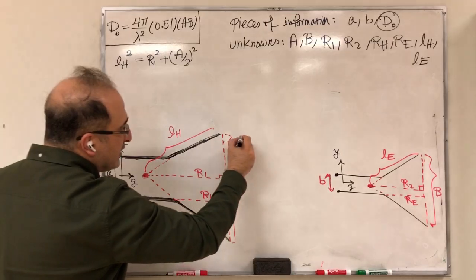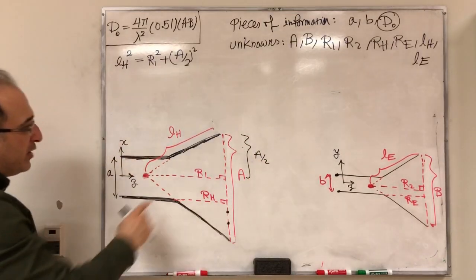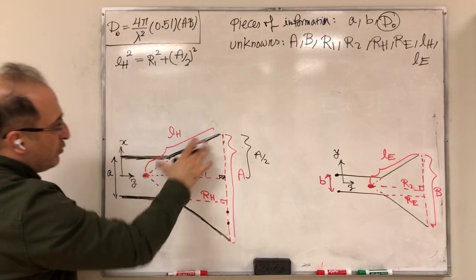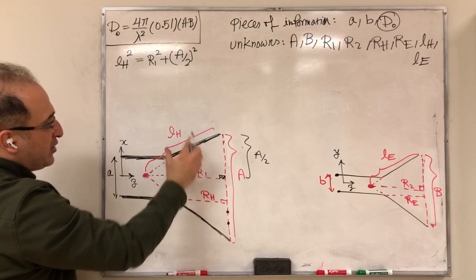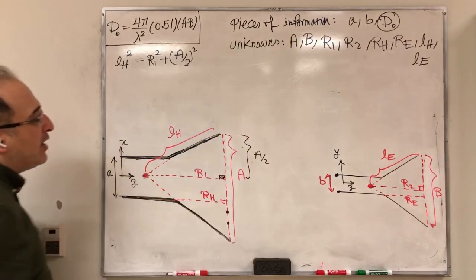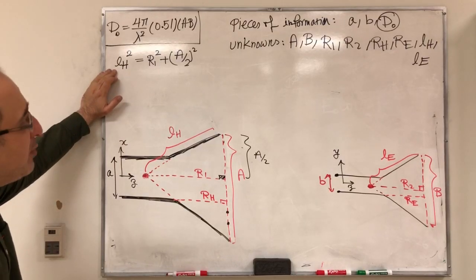Remember, this is A divided by 2. So in this triangle, you would clearly have LH square equal to R1 square plus (A divided by 2) square. This comes purely from geometry.